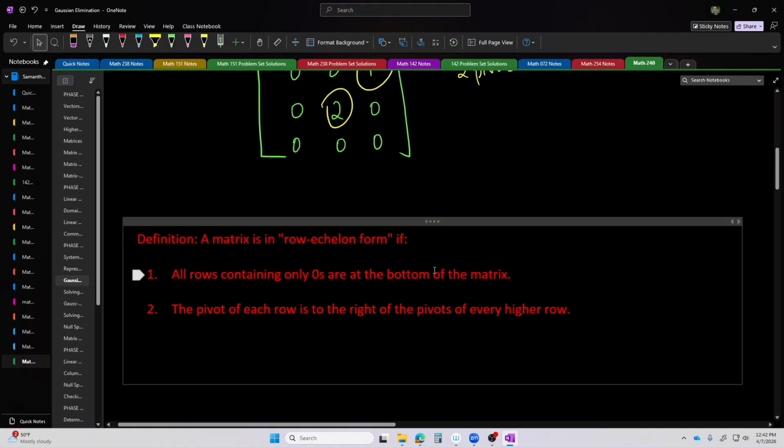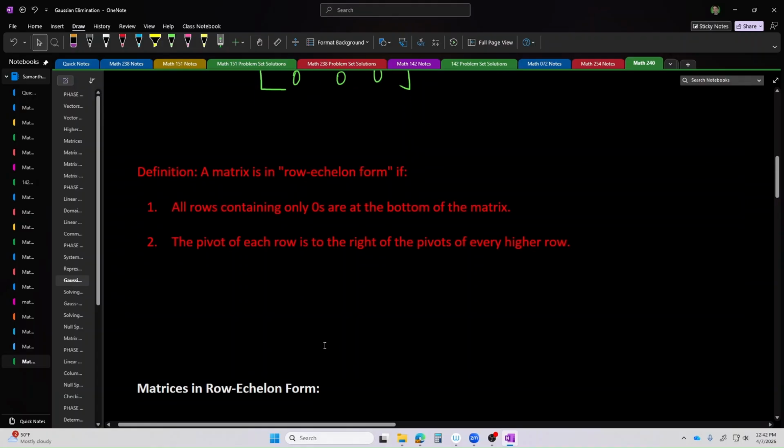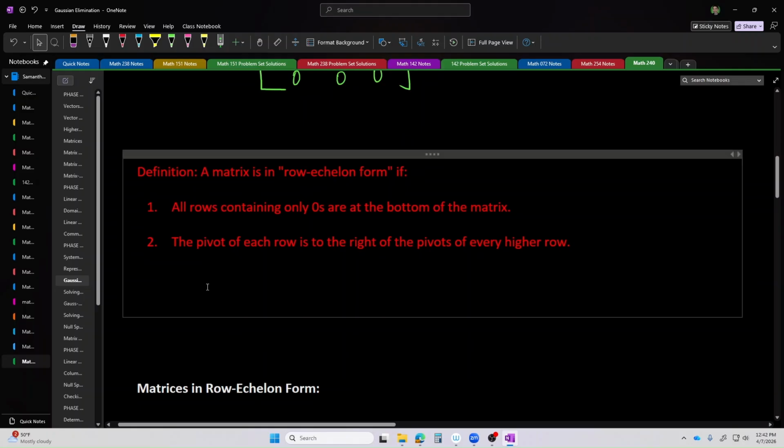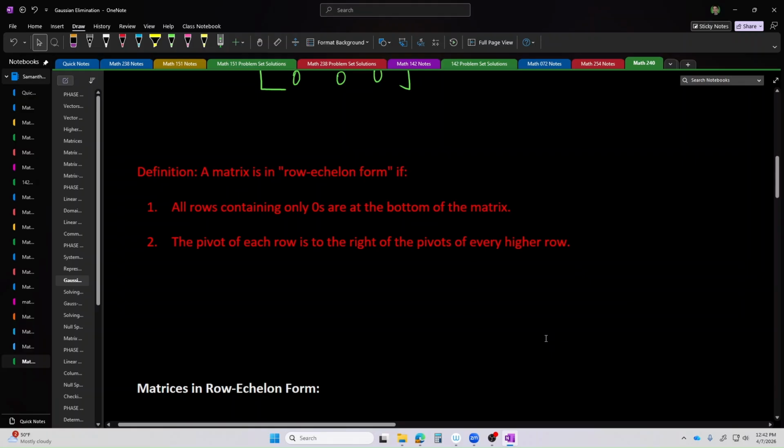The second property is that the pivots have to be ordered in a certain way. The pivots of each row must be to the right of the pivots in every higher row.